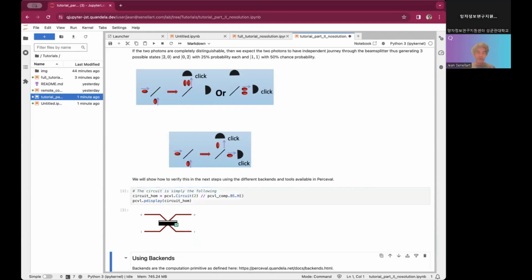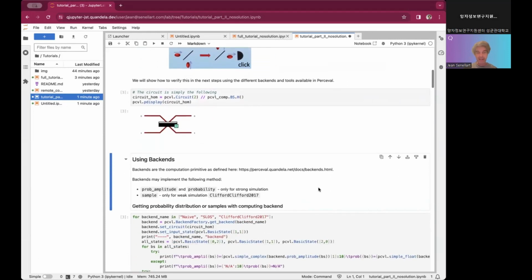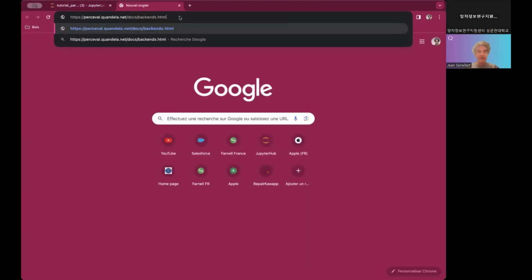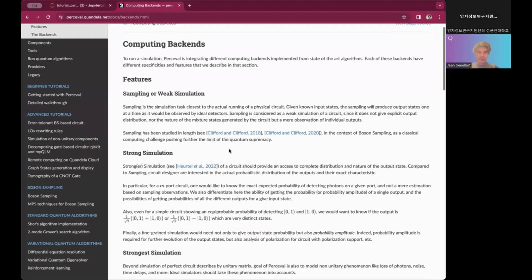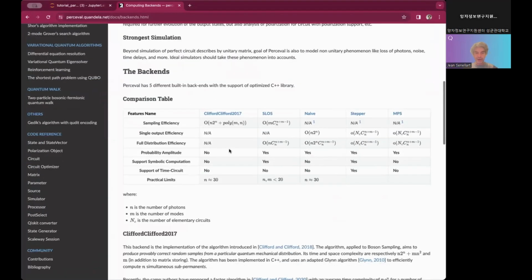The first thing we'll be doing is using backends. There is a link here to the documentation of the backends on Perceval. You have different backends available: Clifford, SLOS, Naive, Stepper, and MPS.